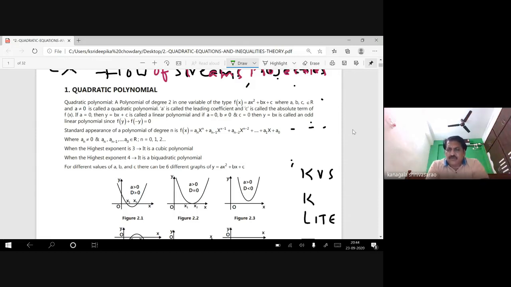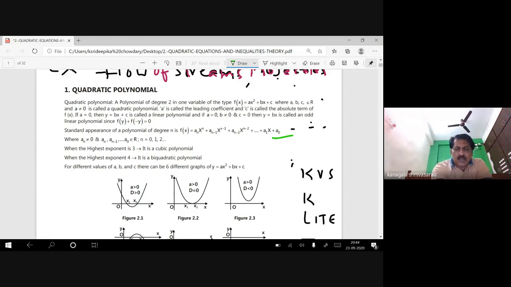When you move from the first coefficient to the last coefficient, the powers of x as well as the suffixes of the coefficients are decreasing. Here a0 is called the last coefficient, or constant term, and an is called the leading coefficient. The leading coefficient must not be equal to 0.